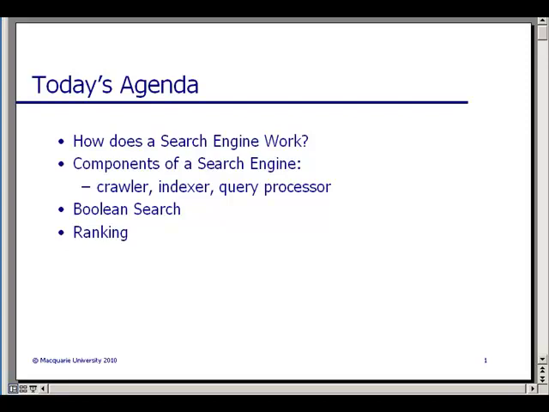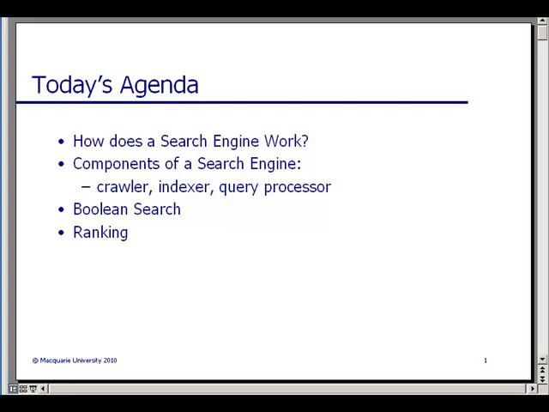The indexer looks into these web pages and tries to extract the most important words that occur in this web page and builds the so-called inverted index. The query processor then takes a user query and tries to answer this user query over this inverted index by using a Boolean search.